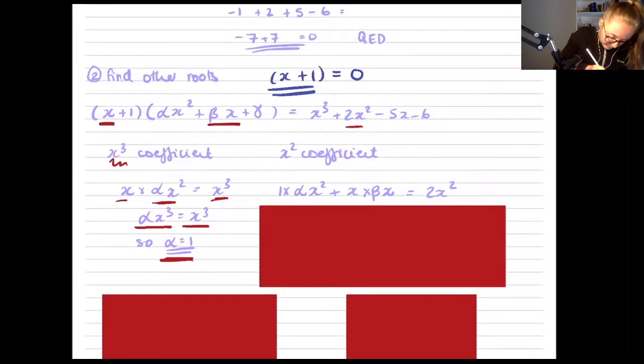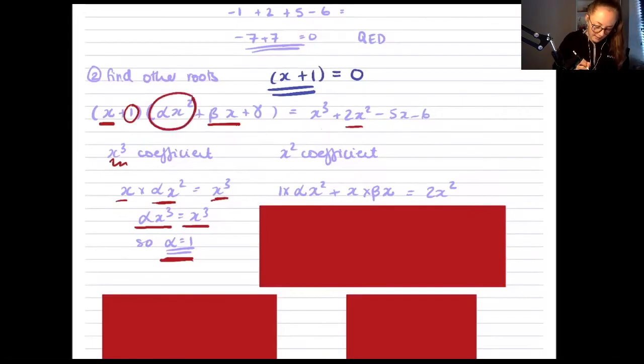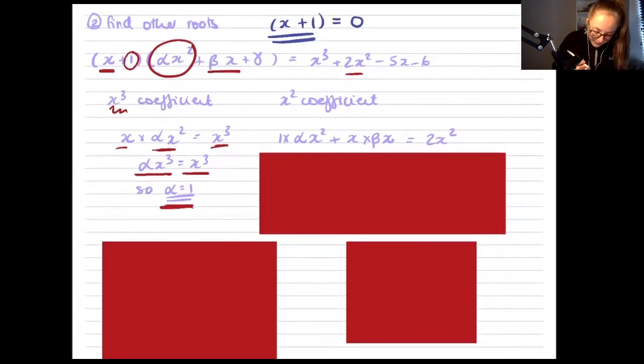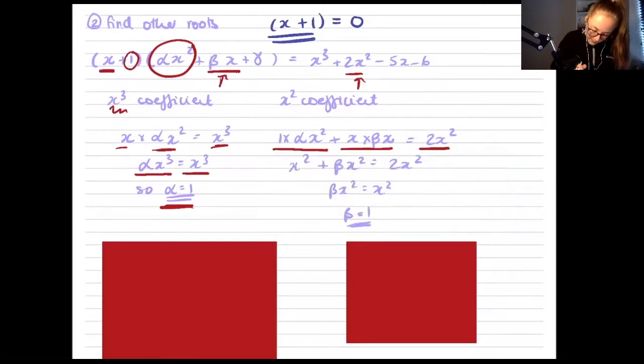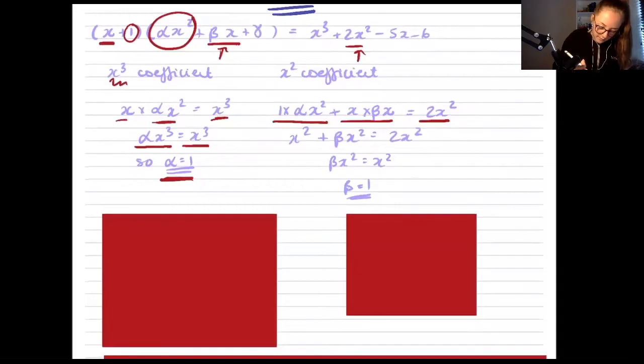And if we multiply this x to the power of 0, technically, with this x squared, then we'll also get an x squared. So we can say that 1 times alpha x squared plus x times beta x from this second part is equal to 2x squared from this side. And then if we stick in our alpha from earlier and rearrange this, we can get beta is 1.